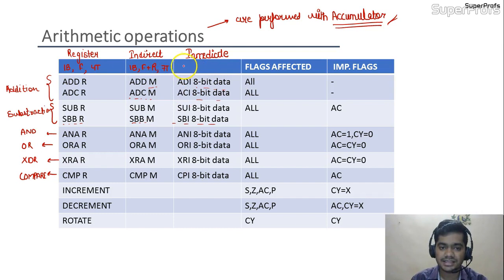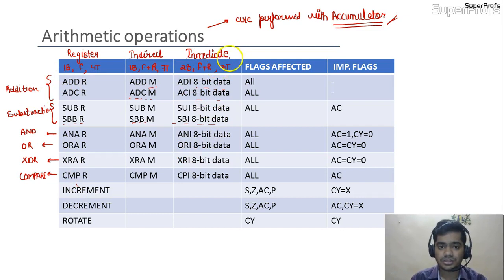Similarly, for these instructions there would be 2 bytes of memory occupied, and there would be fetch plus read because we have to read this data from the memory, and there would be 7 T states. So these are common for all the instructions present in this block.